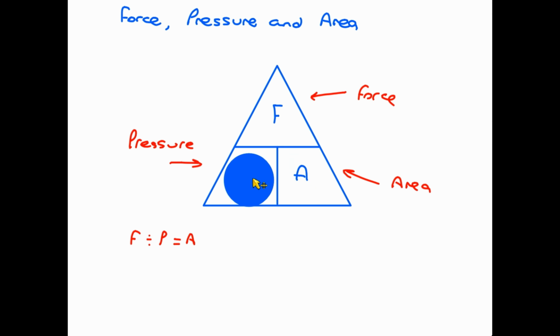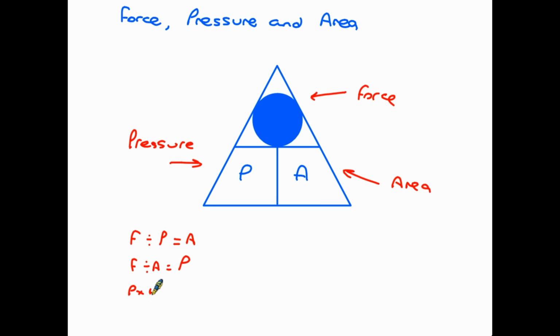Similarly, if I move the circle to cover pressure, I am left with F over A, so F divided by A equals P. And finally, if I move my thumb over force, I am looking for a question asking me for force, then I know that P times A, they are side by side, equals force. So I can work out one from the other two.